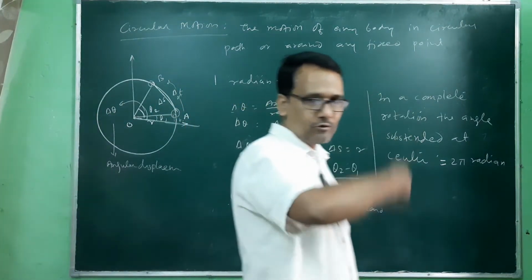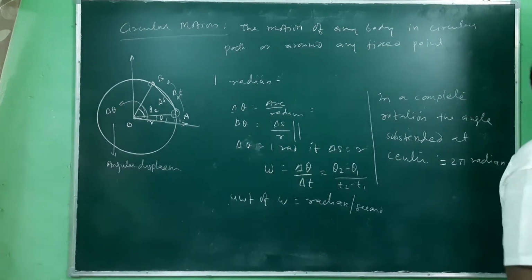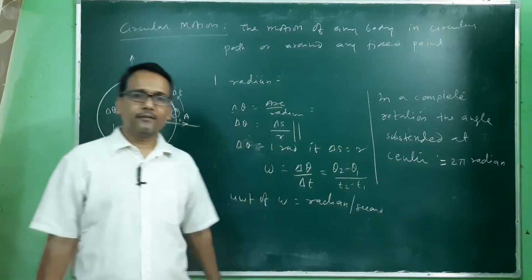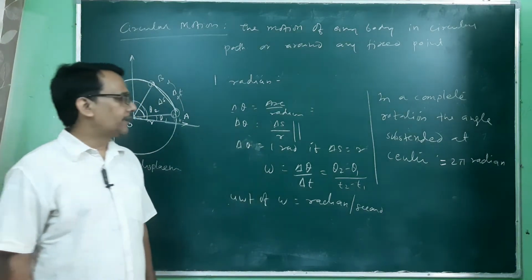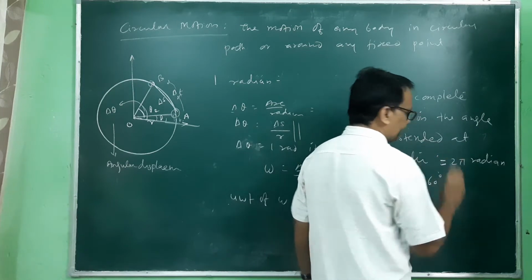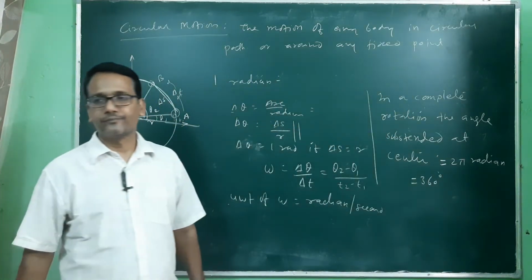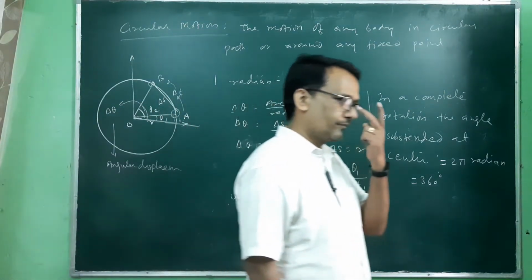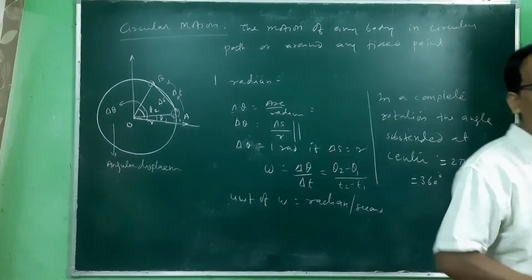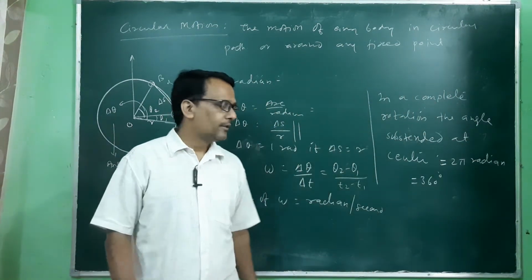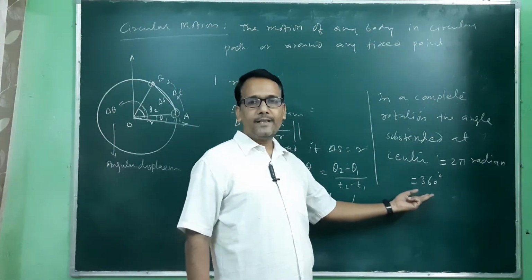Okay, so in a complete rotation it is equal to 2 pi radian. And degree is another unit of angle, and this is equal to 360 degree. So in a complete rotation the angle is 2 pi in radian, and in degree it is 360.